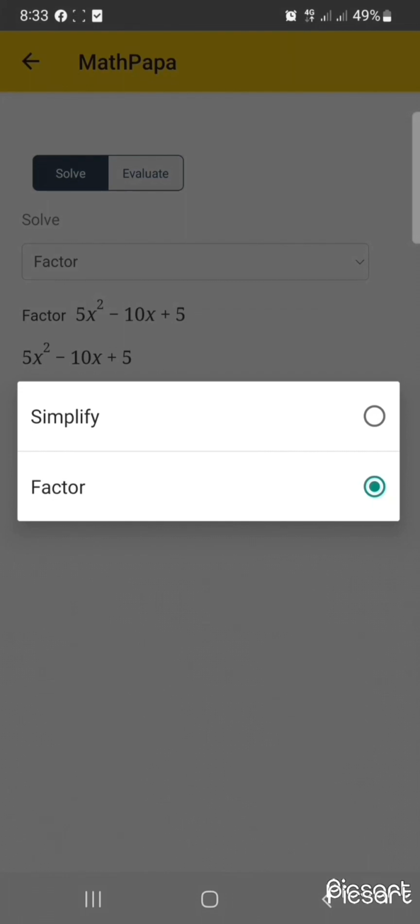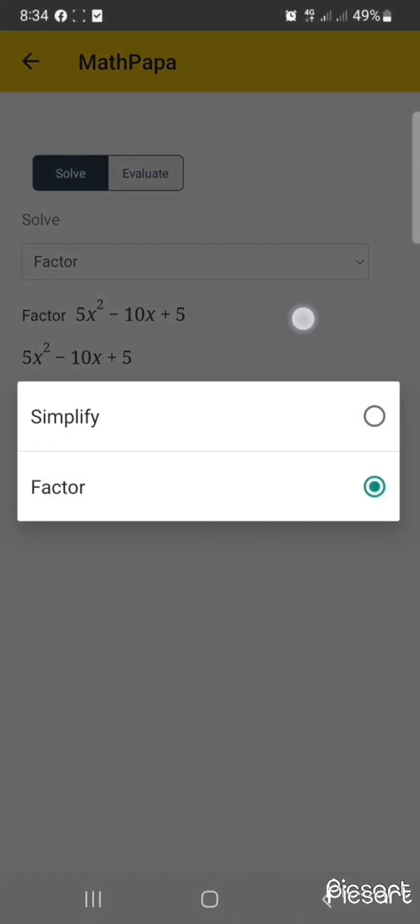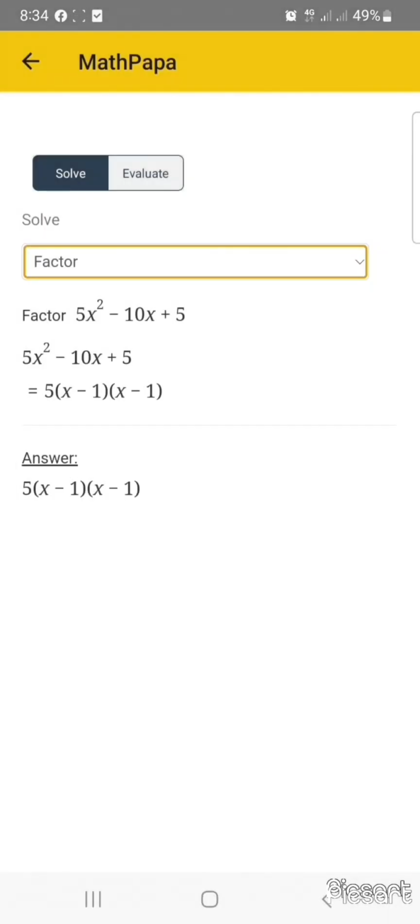If you're asked to factor, then there's no need for us to change this portion here. So we have 5x squared minus 10x plus 5. If we factor this one, this is just equal to 5 times the quantity x minus 1 times the quantity x minus 1. So this is its factor.